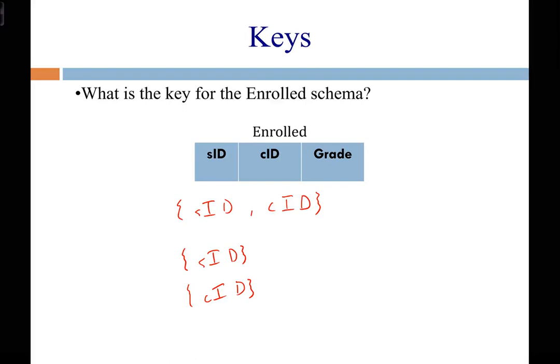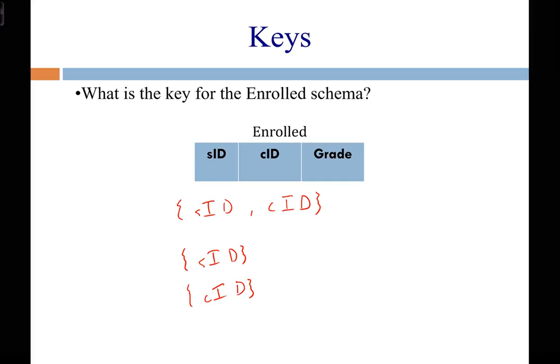If for some reason I wanted a maximum enrollment of 1, then I would pick CID as the key. It's a little counterintuitive, but adding more to the key makes it less restrictive. By adding SID to the CID key, I've now allowed more people in the class, and I've now allowed students to take more than one class.